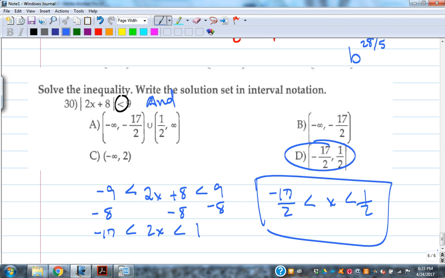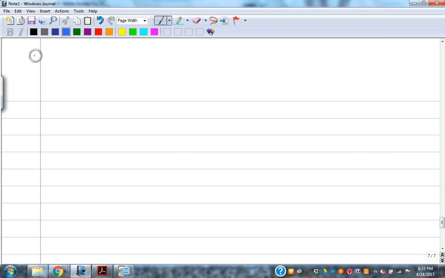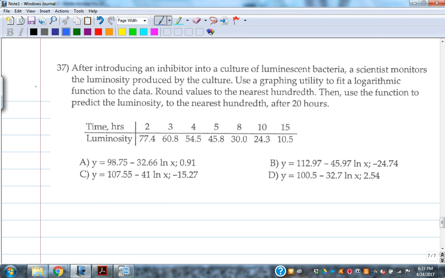All right. Use the graphing utility to fit a logarithmic function to the data. Round your values to the nearest hundredth, 2 decimal places, what that means. Then use the function to predict the luminosity to the nearest hundredth after 20 hours. So we're going to find 20 and what goes there.